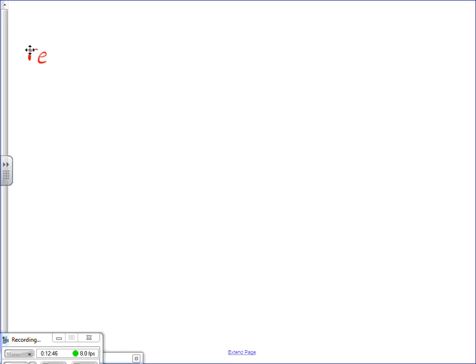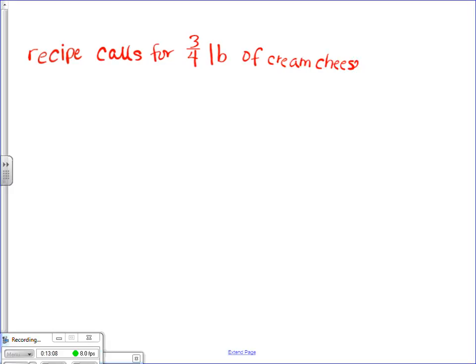Okay. So the first problem that we're going to practice right now is, say that we have a recipe. You don't have to copy all of this down, but a recipe calls for 3/4 of a pound of cream cheese.